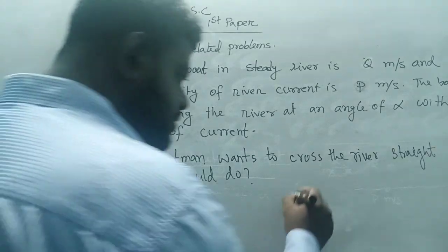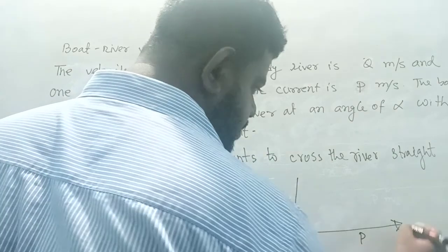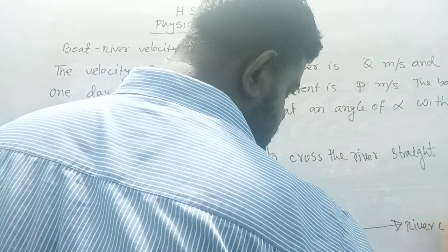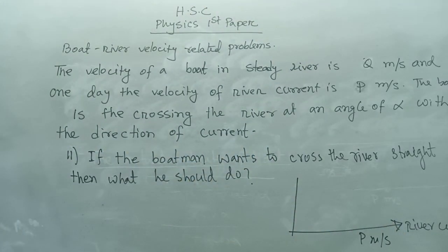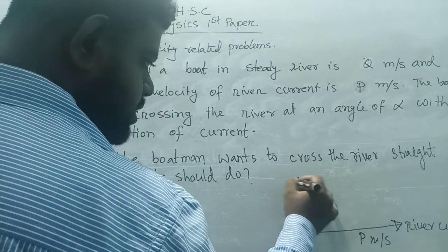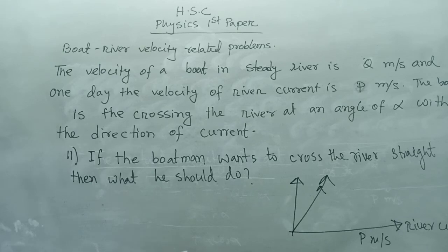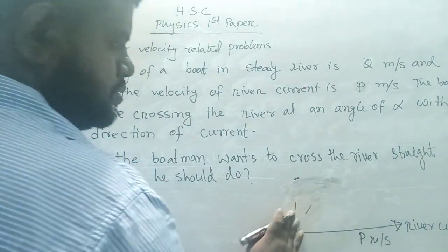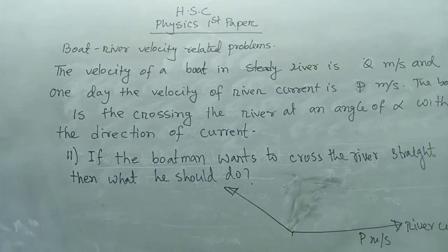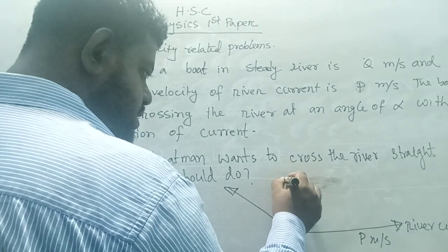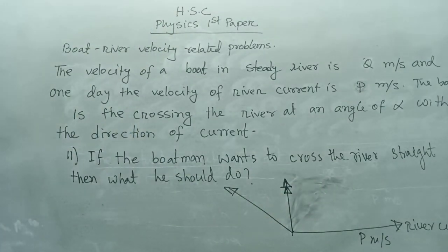Okay, so let's redraw again. This is the direction of river current. This one is P meter per second. Look, if he starts moving in this direction, the river current is pushing him to go in this direction. So what should he do? He will go in the opposite direction, like this, so that he can go straight.